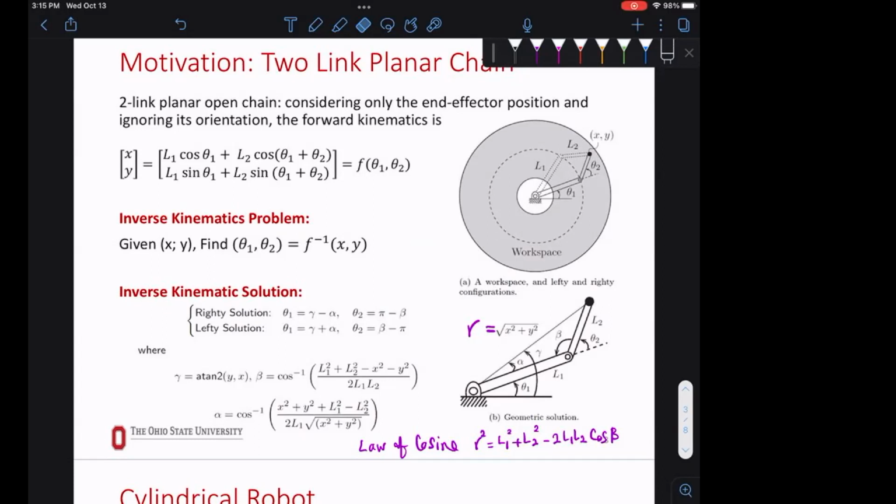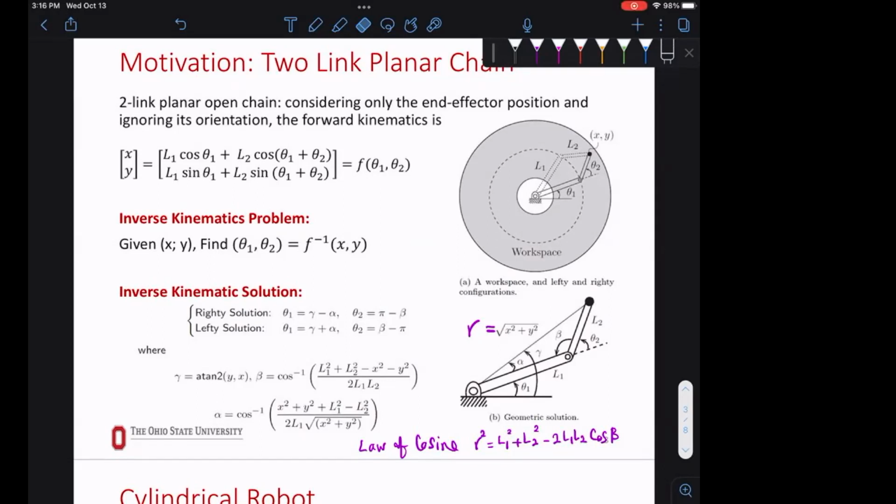Now, why is this important? We are trying to find our joint variables, right? θ1 and θ2. We have to find an expression for θ1 and θ2, our joint variables, based on the existing information. So now here, all of these, L1, L2, X and Y, are known. If they are all known values, you can find beta and alpha.